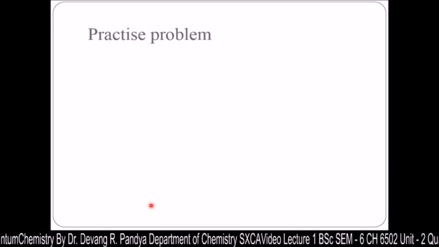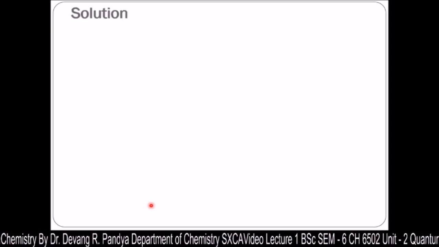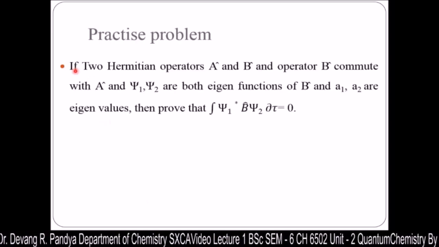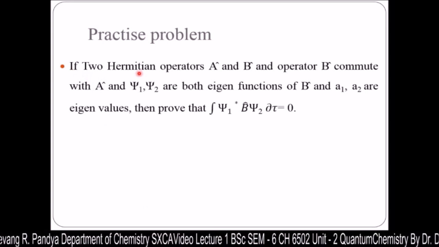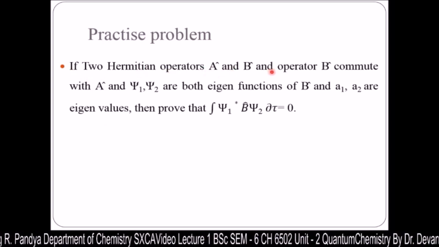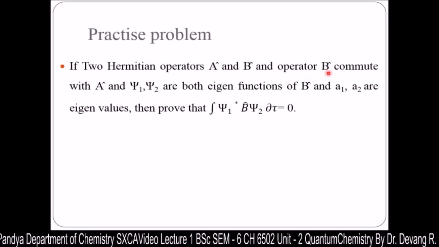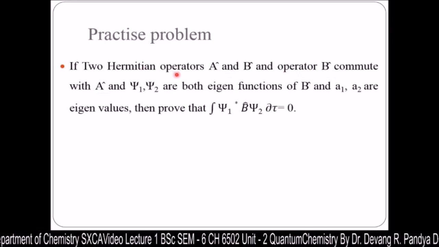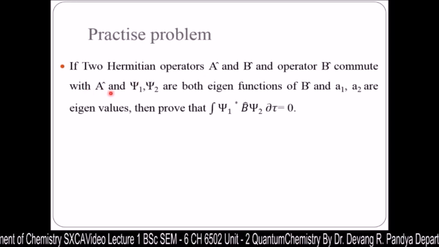I am going to put it here. Yeah, this one. If two Hermitian operators A and B, and B commutes with operator A. So A and B are Hermitian operators and they commute with each other.